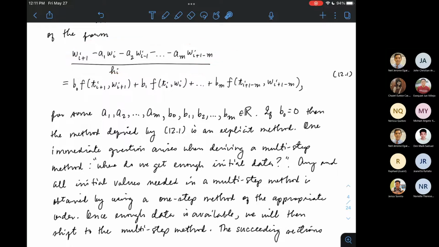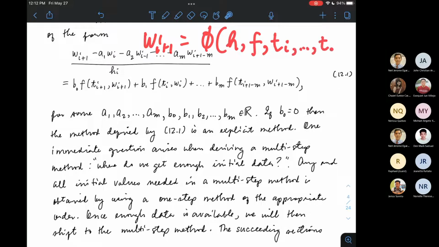So we will have w sub i plus 1 equals a function phi, which only depends on h, f, t sub i down to t sub i minus m plus 1, again t sub i, comma, w sub i minus m plus 1, comma, dot, dot, dot, up to w sub i.